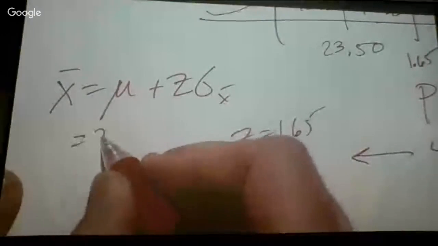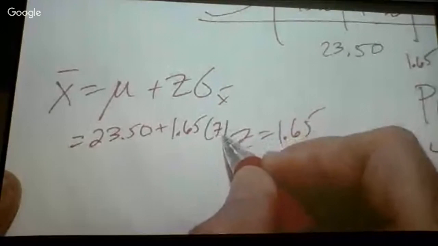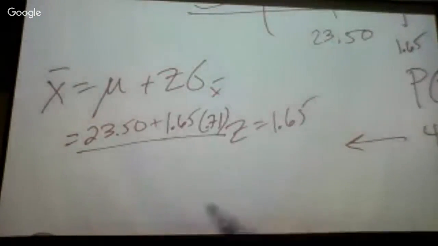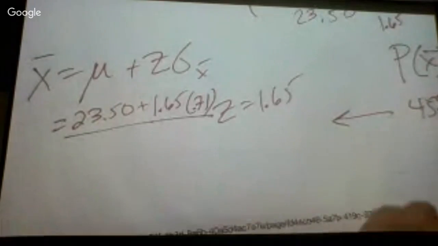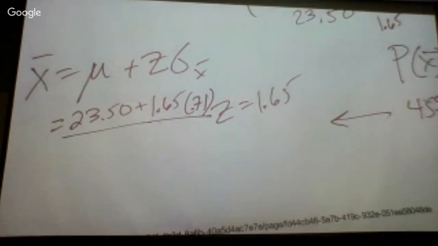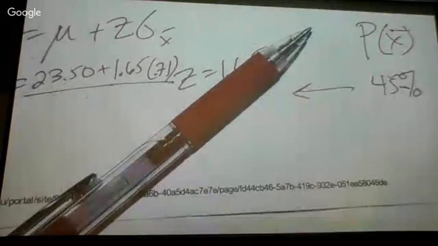The upper bound is going to be mu of 23.50 plus 1.65 times 71 cents. I don't know what 71 cents times 1.65 is. Feels like $1.40, $1.30. Hey Siri? $1.17? Cool.